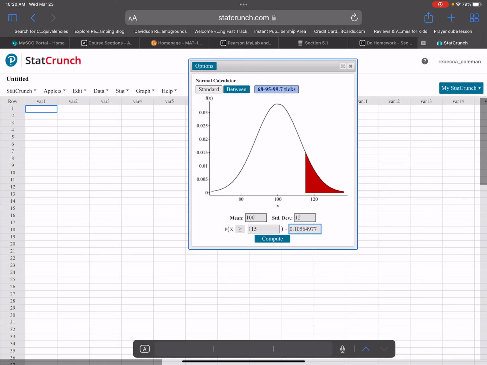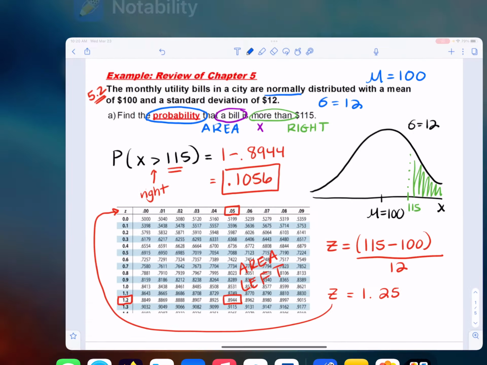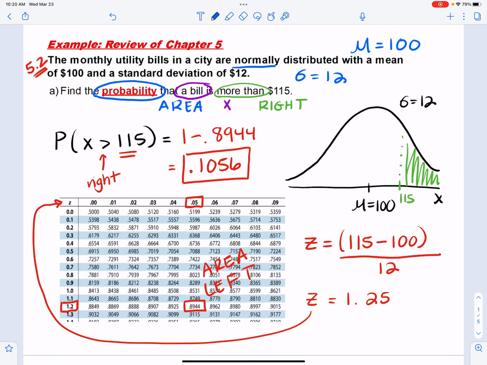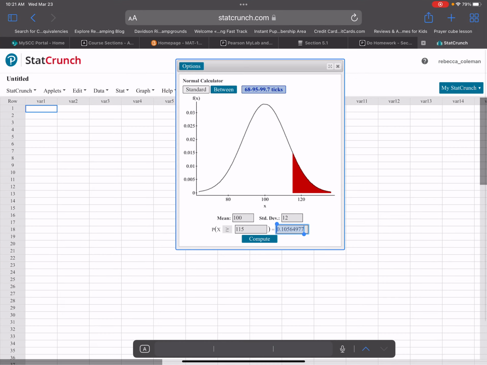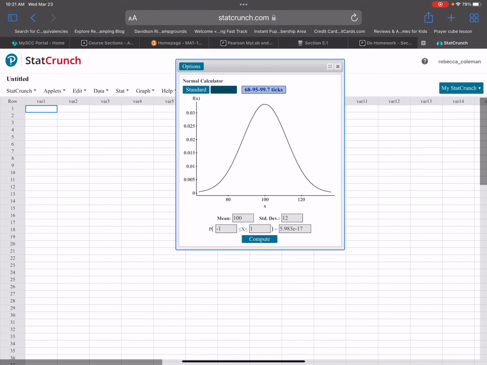And notice over here in my area box, the probability is showing at 0.1056, which is the same thing that we got when using our table. So I just want to make sure I put it in the right box and have the direction correct as far as if it's less than or greater than. And don't forget, if you're doing a between, you just click that between button up at the top there, and you can enter two data values instead of one.